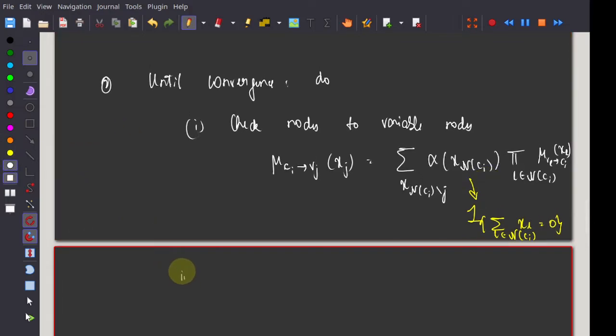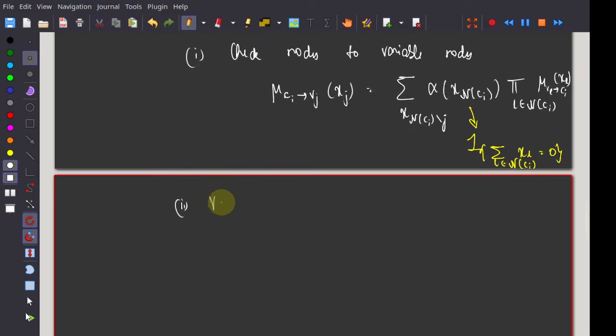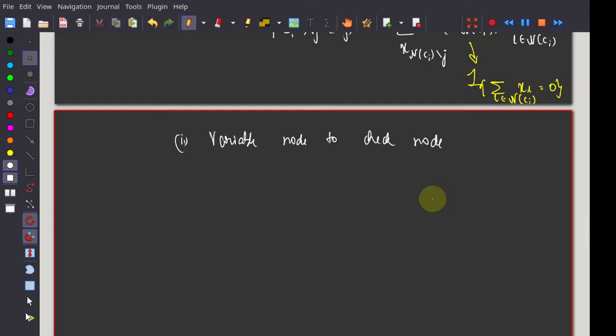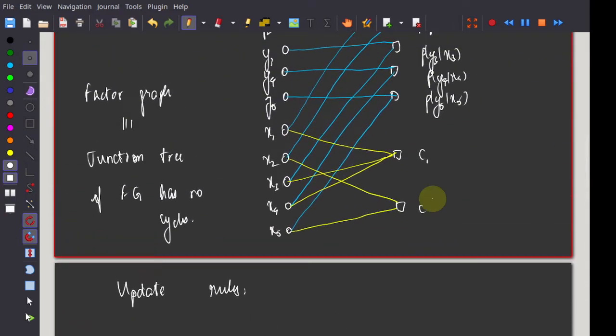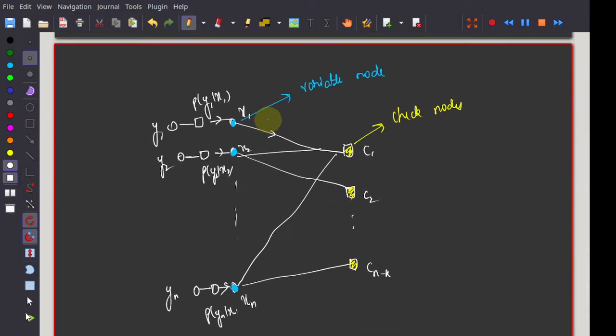Now, what do I do from the variable node to the check node? Each variable node over here is connected to a bunch of check nodes, but it's also connected to one of these.